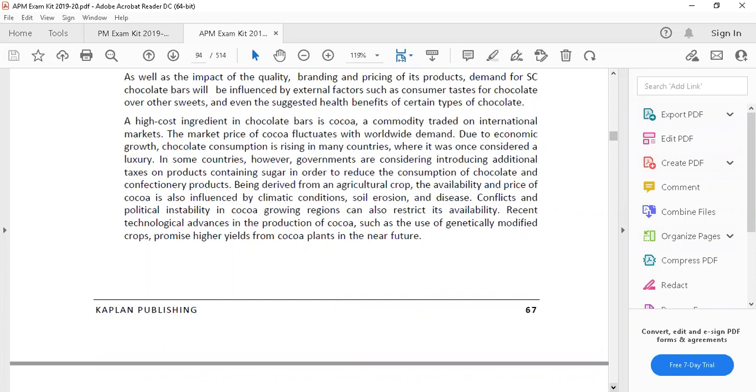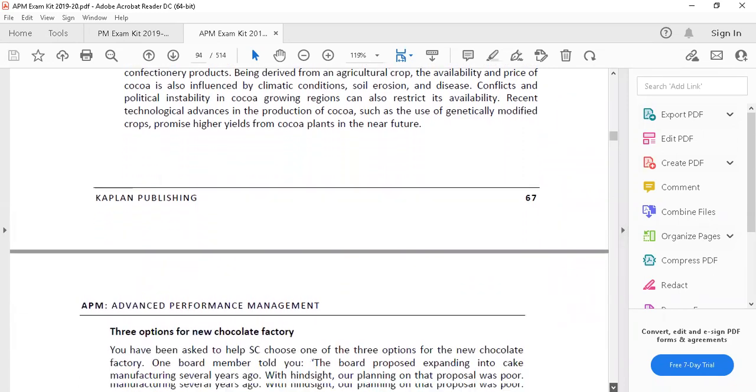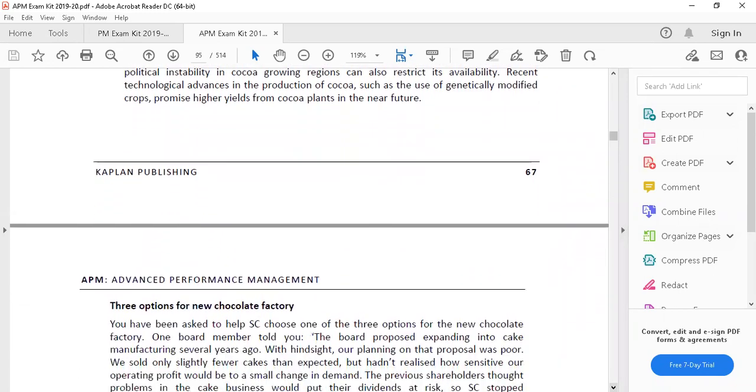Being derived from an agricultural crop, the availability and price of cocoa is also influenced by climatic conditions, soil erosion, and disease. Conflicts and political instability in cocoa growing regions can also restrict its availability. Recent technological advances in the production of cocoa, such as the use of genetically modified crops, promise higher yields from cocoa plants in the near future.